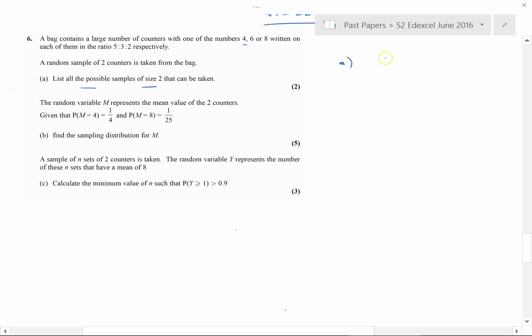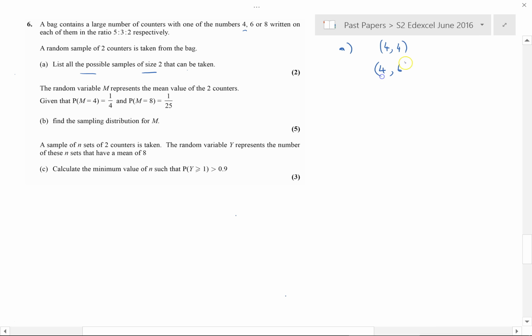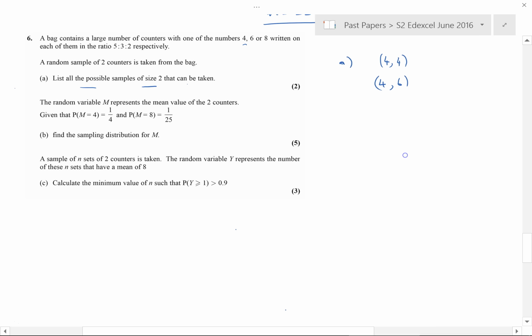Well, of course, you could have two 4s. Okay, we could have a 4 and a 6. Now the order isn't important here in terms of what's actually in the sample. So 4 and 6.